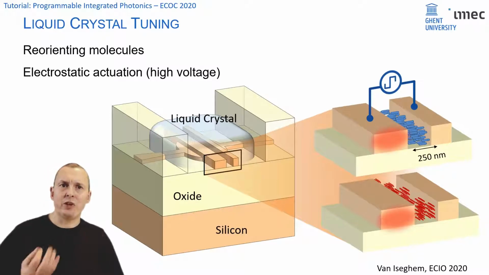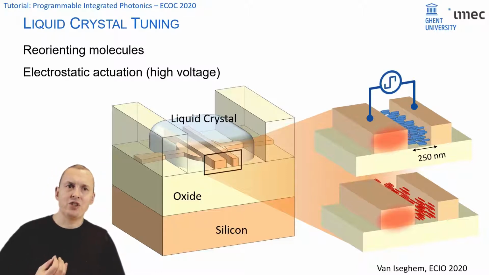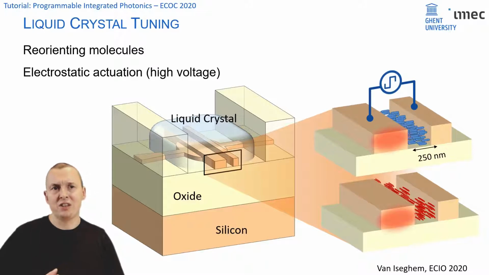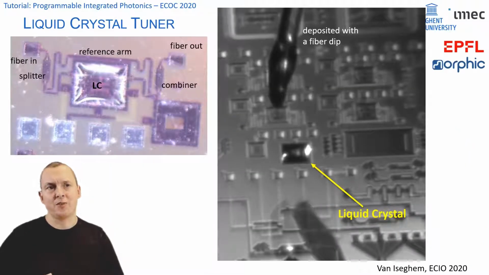One of the things that we're looking into is liquid crystals, which basically reorient themselves when you apply an external voltage. And so in some recent work, we've shown a quite high efficiency liquid crystal phase shifter by putting an electrode very close to the side of the waveguide. And therefore we can switch the liquid crystal right next to the waveguide where you still have a high optical intensity.